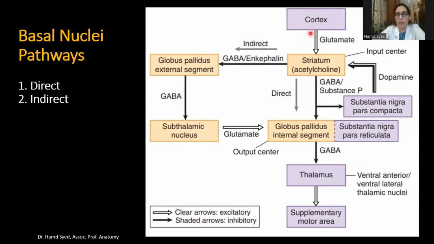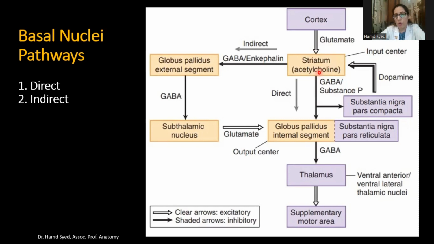Keeping that in mind, we can see that the cerebral cortex provides an excitatory input to the striatum. And we know the neurotransmitter for this excitation is glutamate. So the excitatory input projects onto striatum, and when we're saying striatum, we mean caudate and putamen. Now, within the caudate and putamen, there are inhibitory neurons.